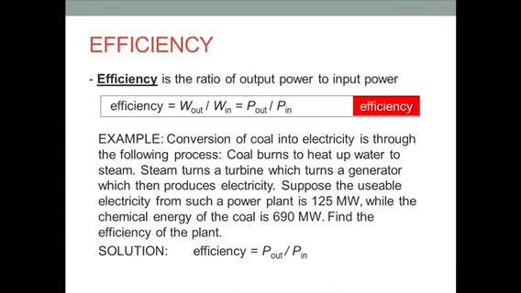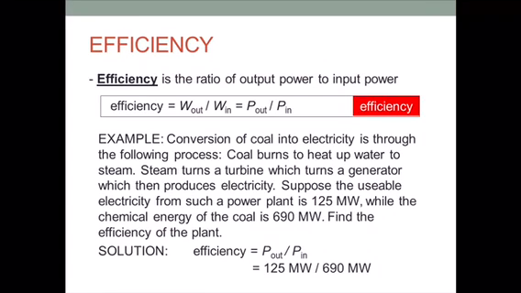Right away, because it asks us for efficiency and it tells us power, we can use efficiency equals power out divided by power in. Power out in this situation will be power that we can use, or usable electricity. So power out will be 125.